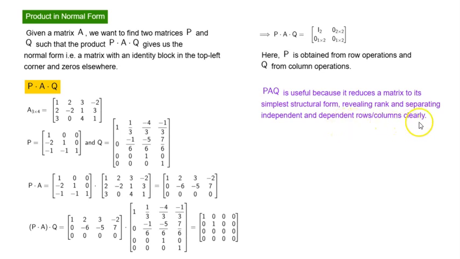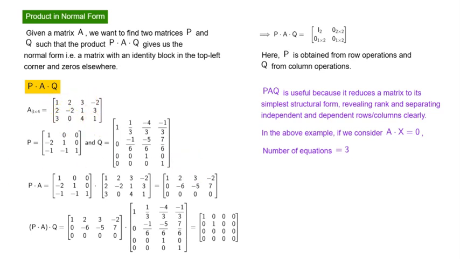and separating independent and dependent rows and columns clearly. In the above example, if we consider AX equal to 0, a system of linear equations, and treat this matrix as the coefficient matrix, then rows map to equations, columns map to variables. So we have the number of equations equal to 3.